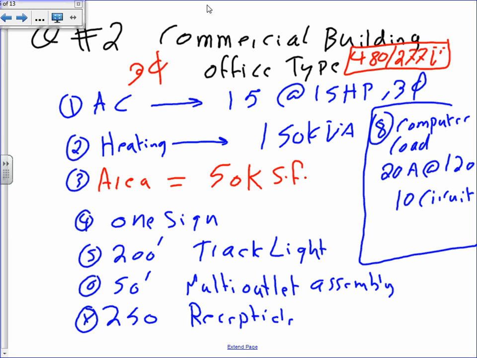Cool? Take your time. Should have copied that one for you, guys, sorry. Because that's a lot of data on it. So the info will be like this on the test, and you just do the calculation.